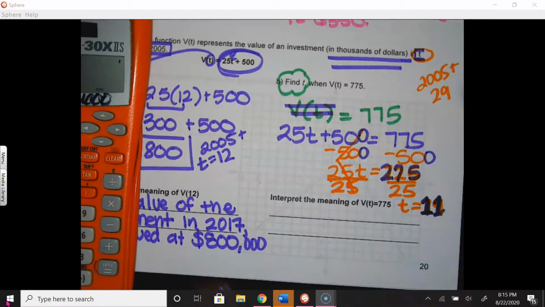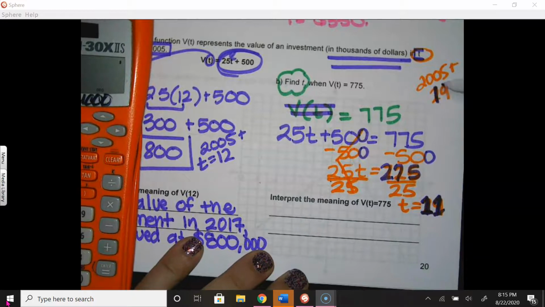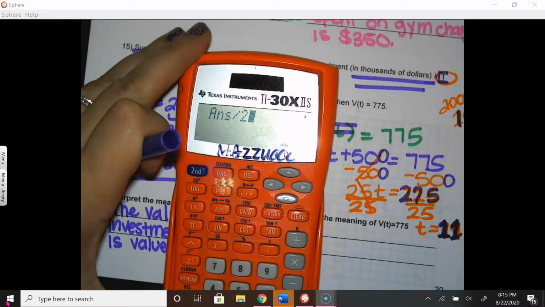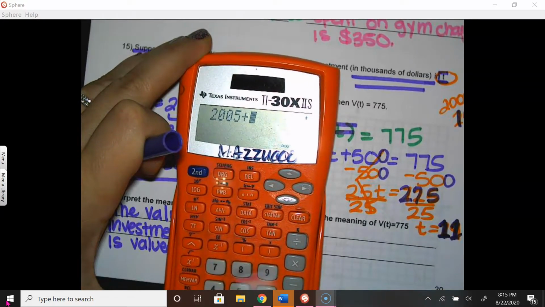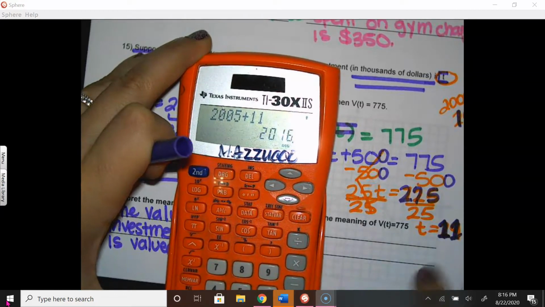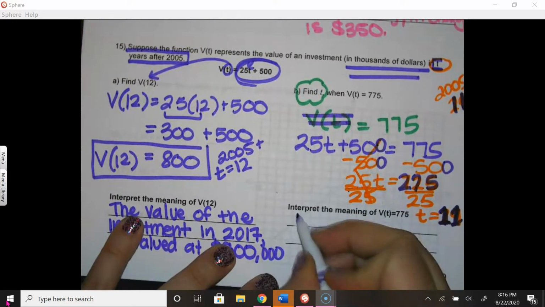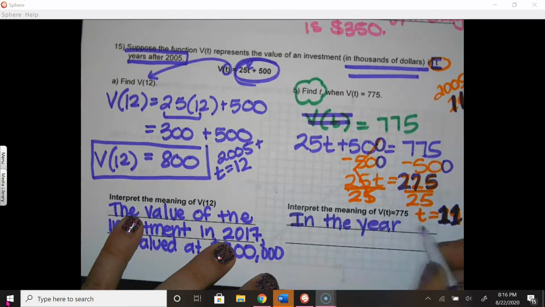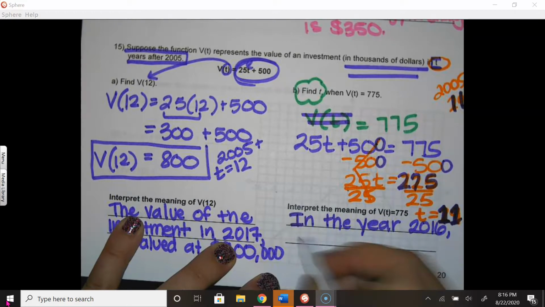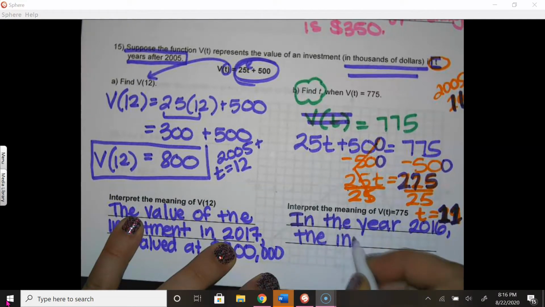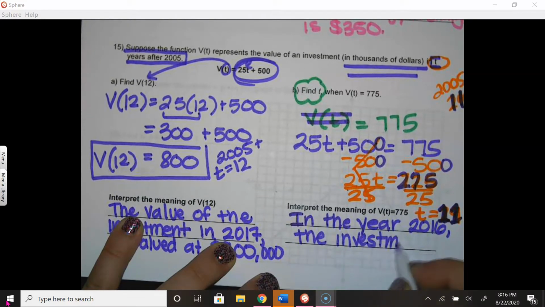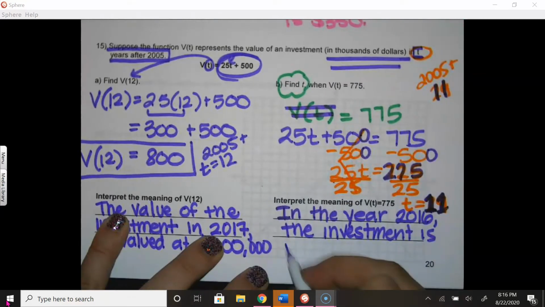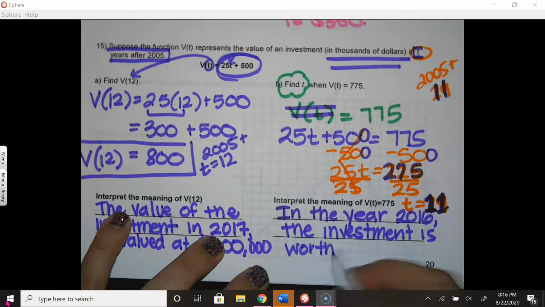So it's 2005 and then 11 years later, 2005 plus 11 would make it 2016. So I'm going to say in the year 2016, the investment is worth 775, and I could put it in words or put 1,000.